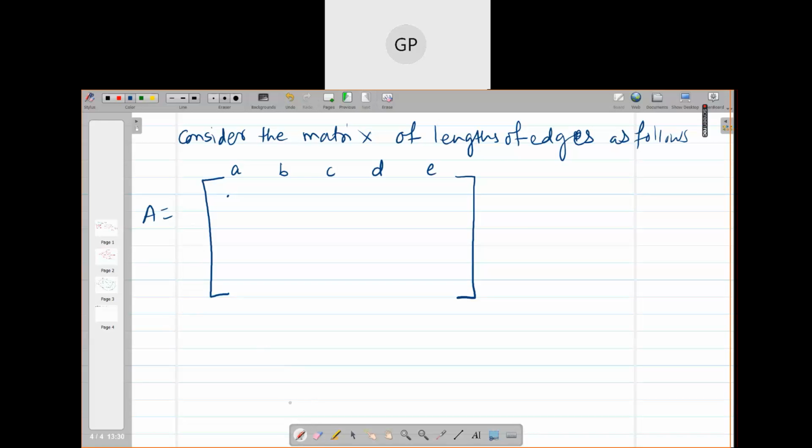The numbers are 0, 8, 6, 5, 10. Then 8, 0, 7, 4, 3. Now what is the distance from C to A? That is A to C. So this is going to be a symmetric matrix, of course.